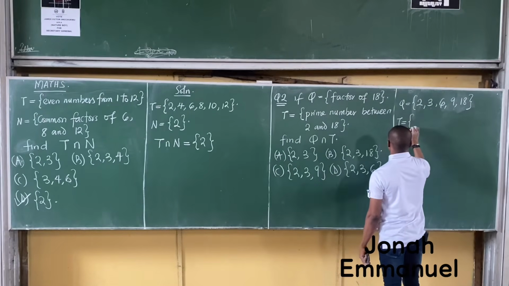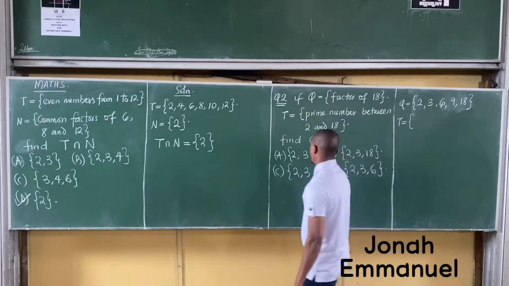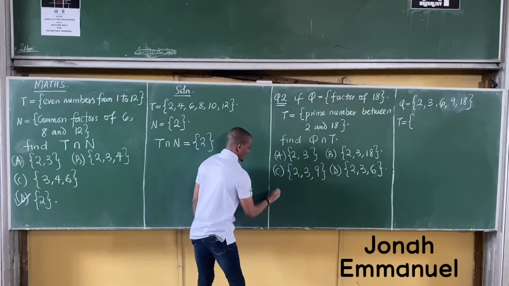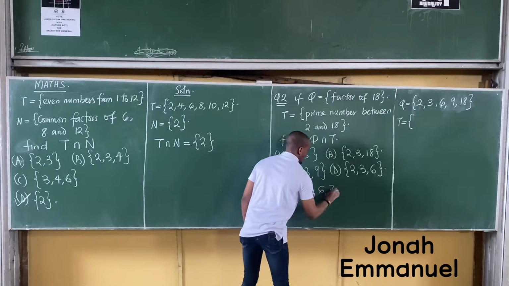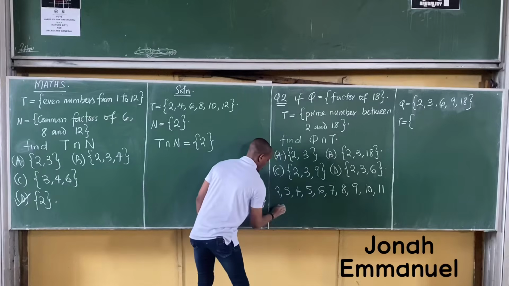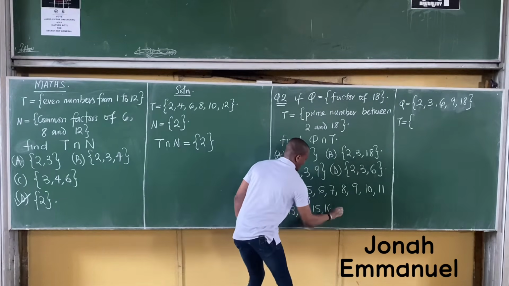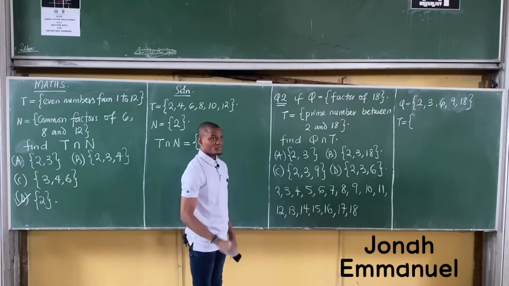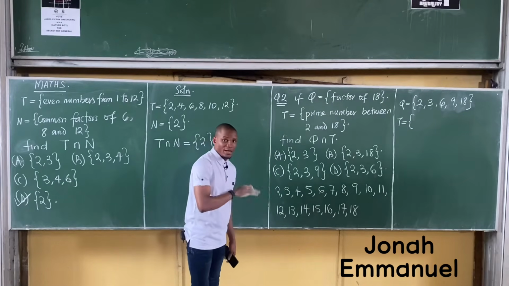What's T there? Prime numbers between 2 and 18. Now hang on. Let's analyze this. So 2 to 18 is 2, 3, 4, 5, 6, 7, 8, 9, 10, 11, 12, 13, 14, 15, 16, 17, 18. They said between 2 and 18.